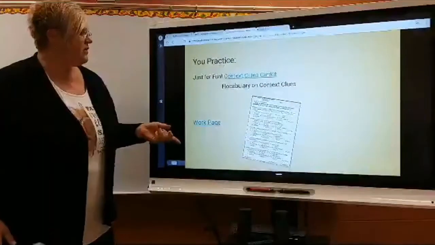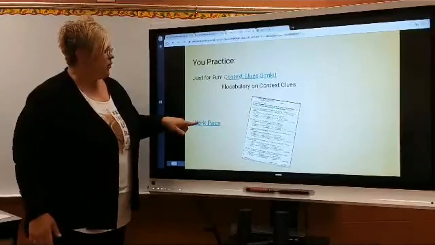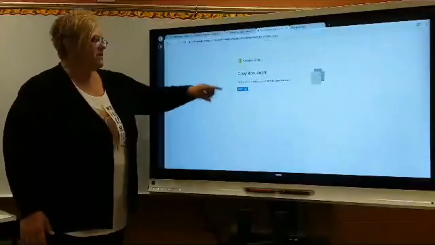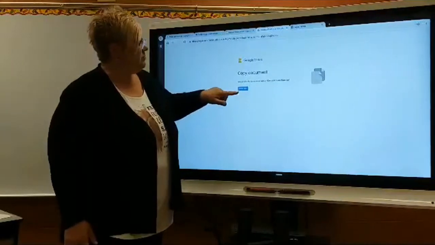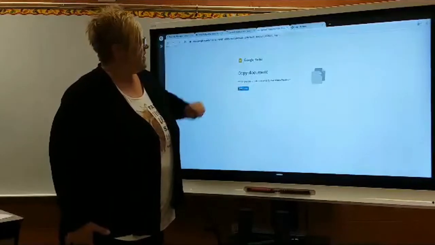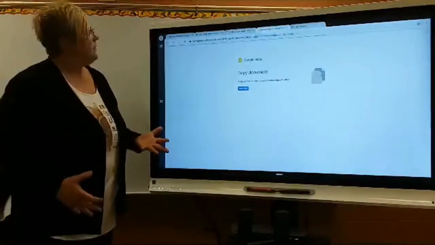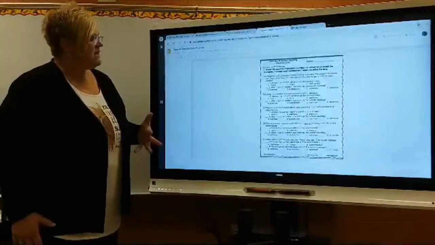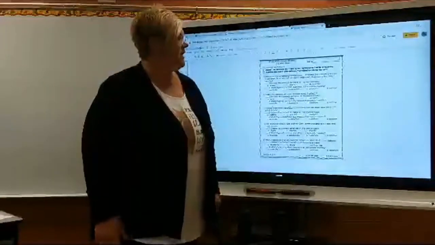For this particular lesson, I've chosen to do a work page that will be used as a formative assessment. It is a slide presentation, a writable slide, and they would need to make a copy. That way they will be able to pull this up, and then they can click on the blanks that are provided.